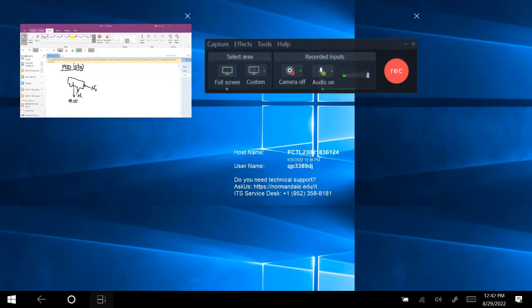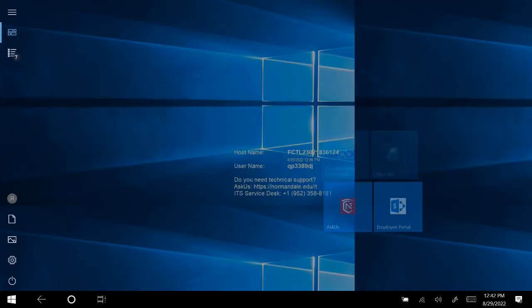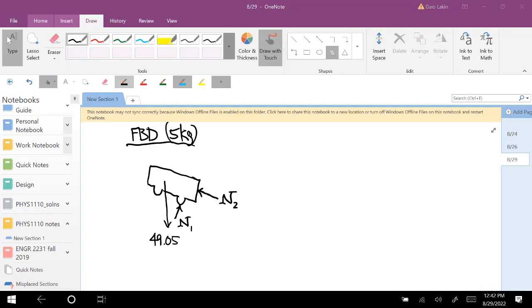And then free body diagram of the 3 kilogram. So there's the closed outline.